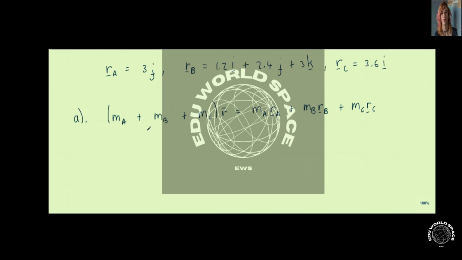So since we know the masses, we get that 9 times the mass center R is equal to 3 into 3j, so the scalar product of the mass and the position vector, plus 2, which is the mass of B, into 1.2i plus 2.4j plus 3k, plus the mass of C, which is 4 kg, into its position vector 3.6i.